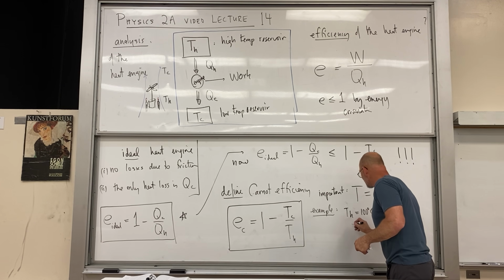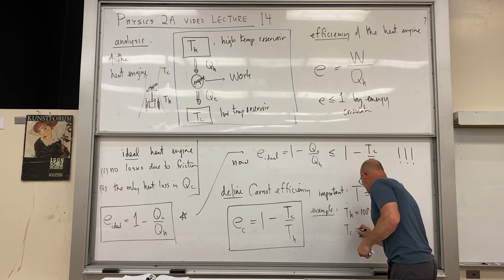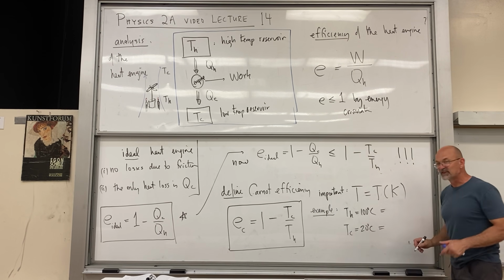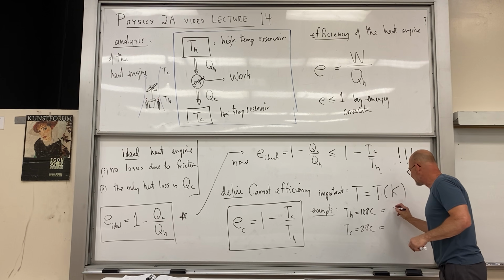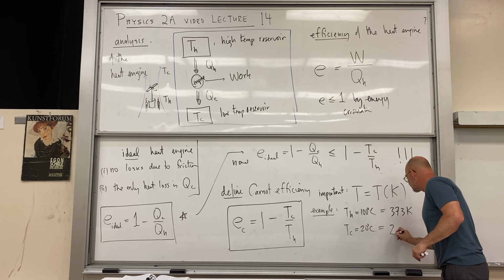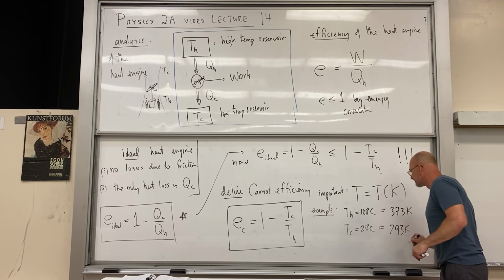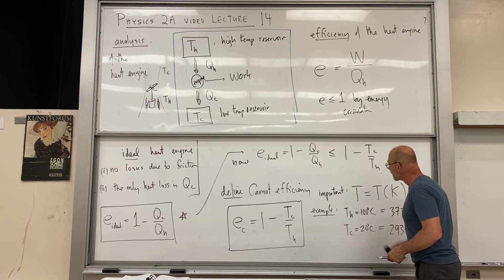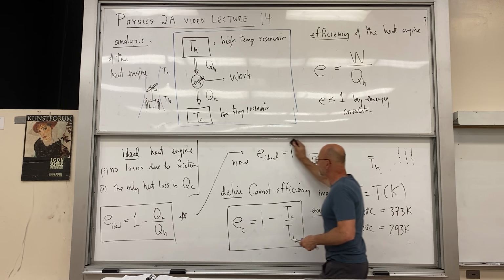TC is 20 degrees Celsius. First thing, of course, we have to convert this to Kelvin. So we have 100 plus 273, so we have 373 Kelvin, and here we have 293 Kelvin.